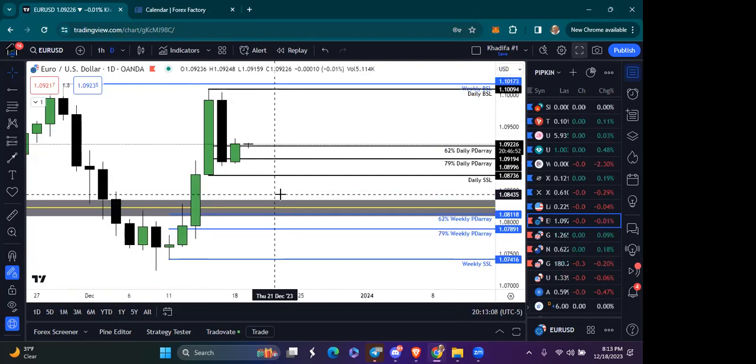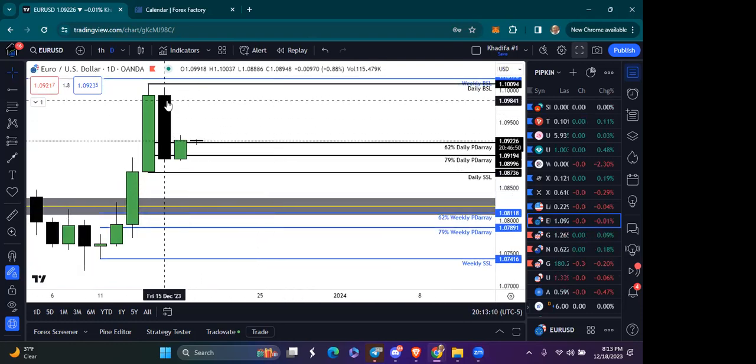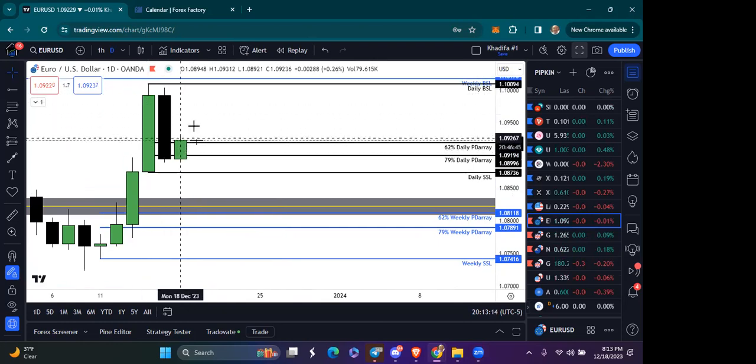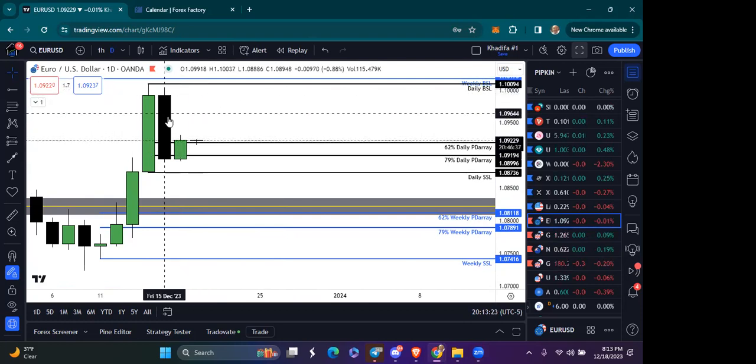I would like to see us run up into the premium array of Friday's candle, and I would like to see us push through those levels aggressively, right?